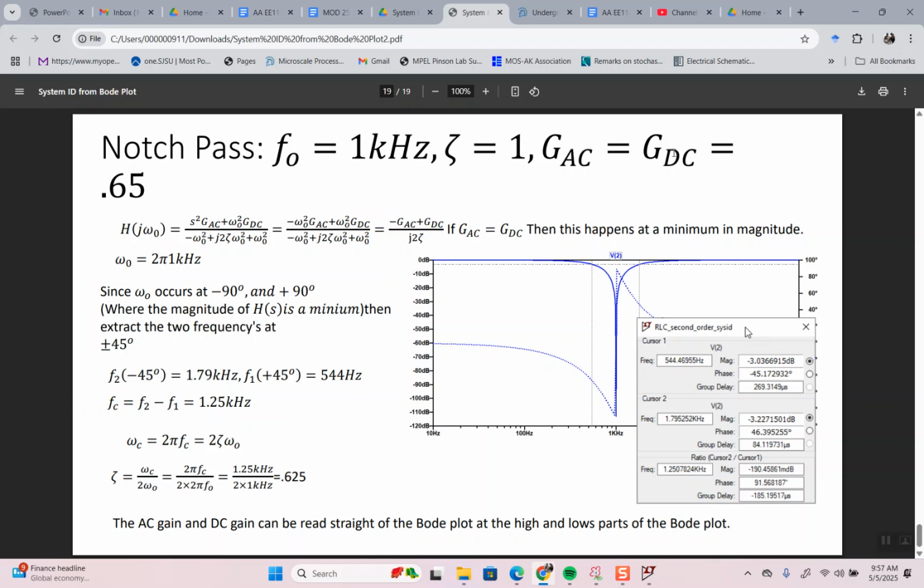So that's another type. Okay. But really, you find the frequency difference centered around omega naught, and you can see the gain hasn't changed from 0 dB or 1. There's no more.